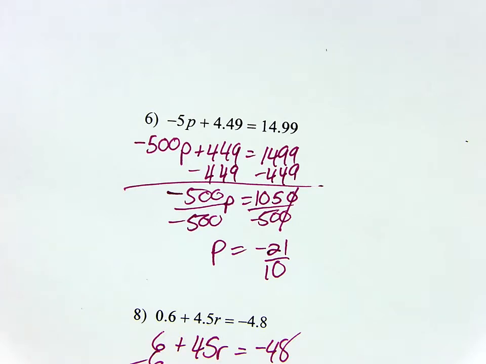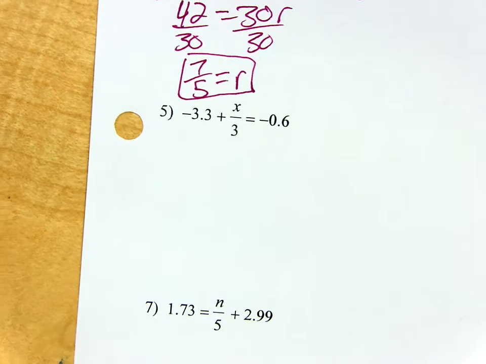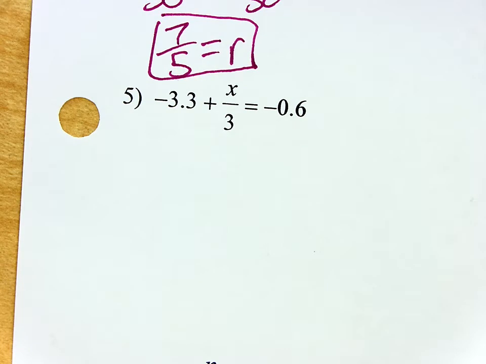Oh, that is until you get to something like number 5. Now, we're mixing them together. Now you have decimals and fractions. Oh, boy.